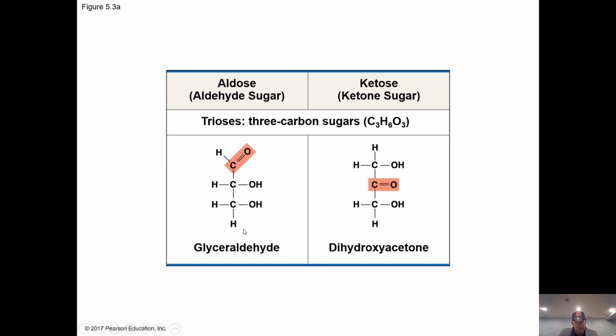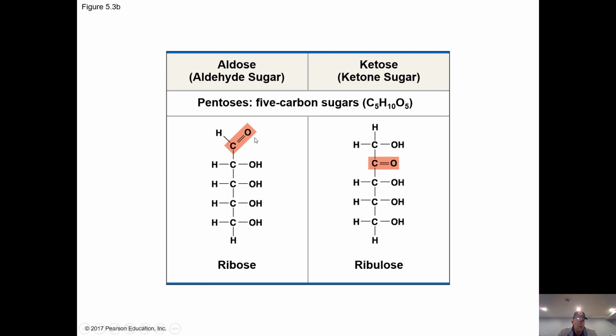Going on to our pentose, which is a 5-carbon sugar, we're really just looking at the differences between aldoses and ketoses. Ribose, you've heard of with deoxyribose or deoxyribonucleic acid, DNA.